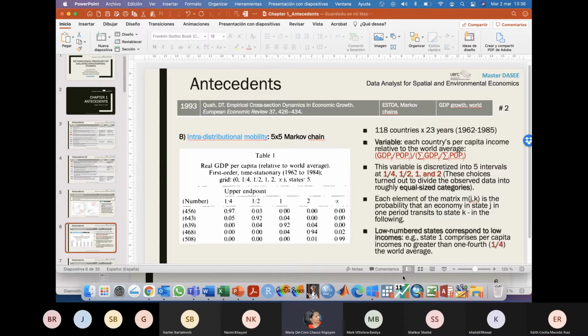For example, 1/4, or even 1/2, are low incomes, but relative to the world country distribution. For example, state 1 comprises per capita income no greater than 1/4 of the world average. So very low income countries.